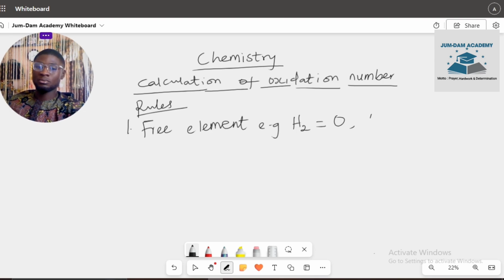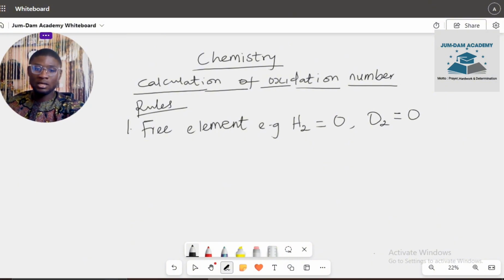Another example, let's say oxygen. Here, the oxidation number of oxygen is 0. So that tells us that any element in an uncombined state, that is not combined with any other element, in a free state, we say that the oxidation number of such element is 0.